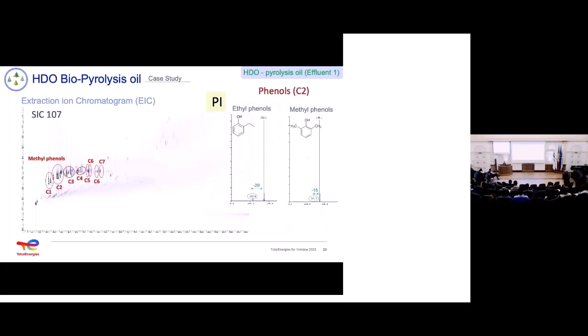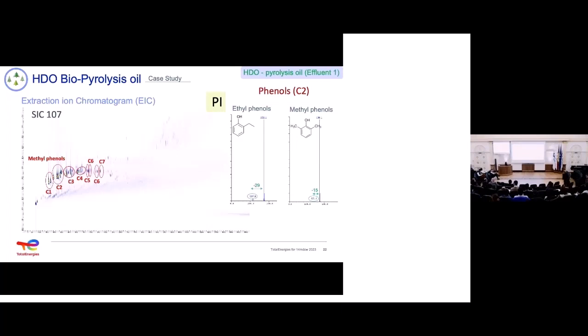The PI of phenols shows us a spectrum dominated by the molecular ion, as we can see, for example, in the phenol C2. But we also got some small fragments that can give us an insight about the structure of the phenol that we are talking about, especially once we want to differentiate isomers.